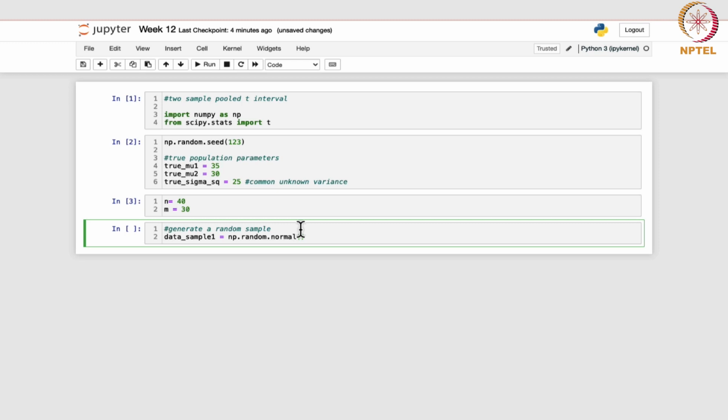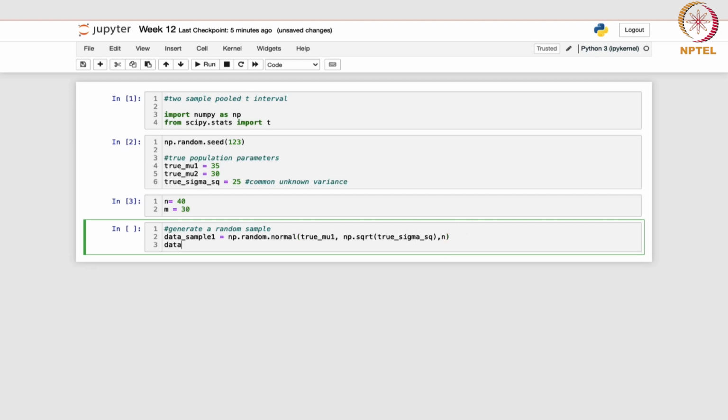So true_mu1, and because we have used variance, I can take the square root, np.sqrt of true_sigma_sq, and finally the size of the sample would be n. So it will draw a sample of size 40 from a normal distribution with mean 35 and variance 25, or you can say standard deviation 5.